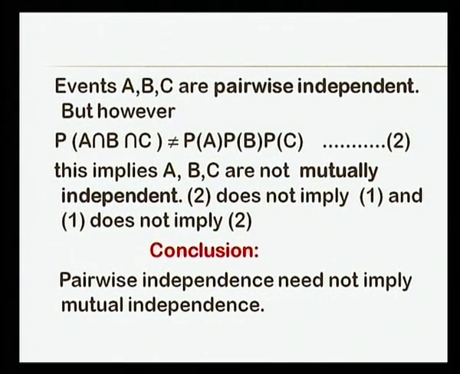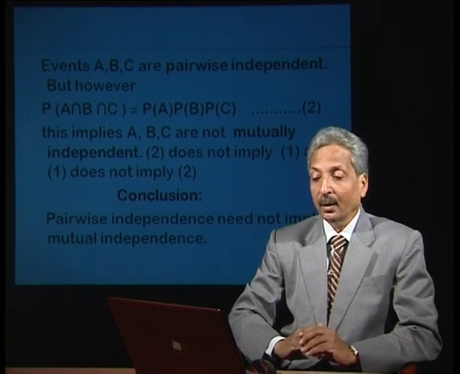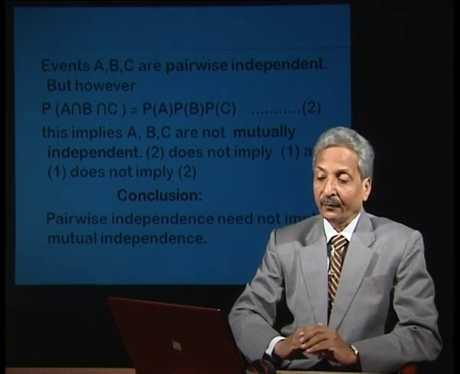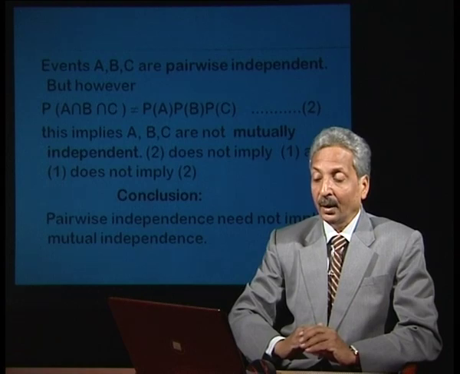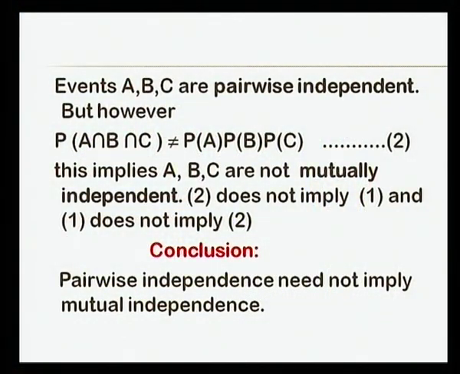So, the events A, B, C are pairwise independent, but however, we observe that probability of A intersection B intersection C is not equal to probability of A times probability of B times probability of C. This implies that the events A, B, C are not mutually independent, but they are only pairwise independent.